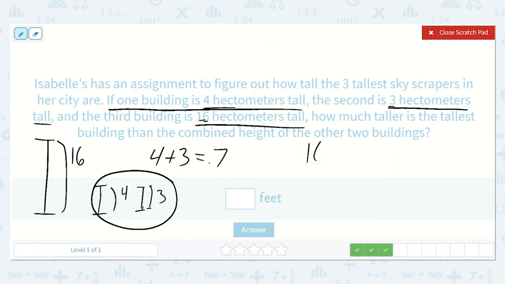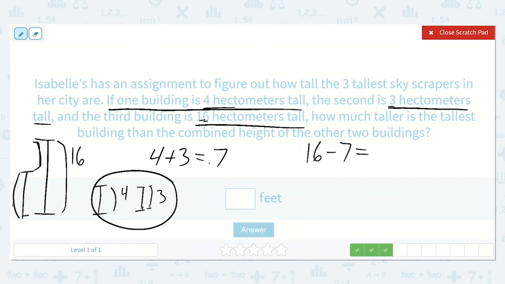We can say 16 take away 7, which is the combined height, will leave us with how much taller it is. That's like if we drew the 7 here and we said, okay, we're taking away this 7 so that we can figure out what this amount is. So let's see what that amount is.